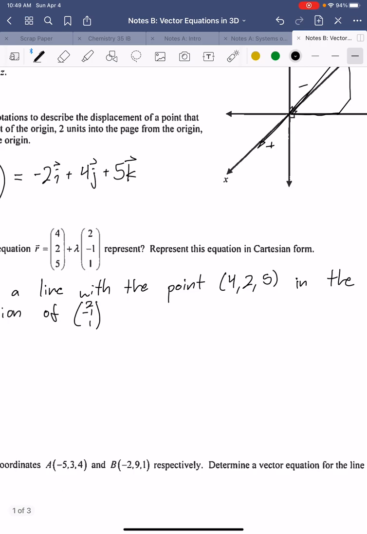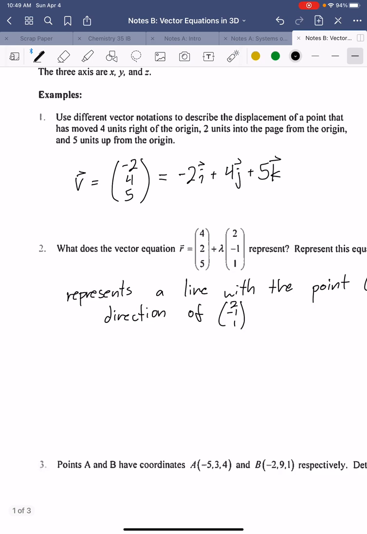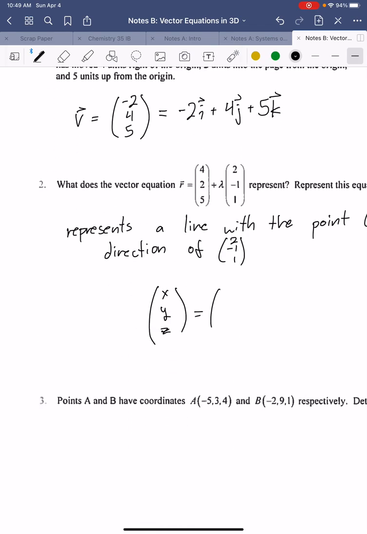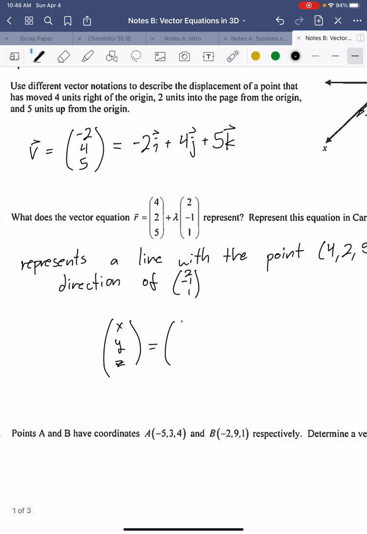Now, if we want to show this in Cartesian equations, it would be x, y, z equals, we're going to start by doing this. So 4 plus 2 lambda, 2 minus lambda, and 5 plus lambda.